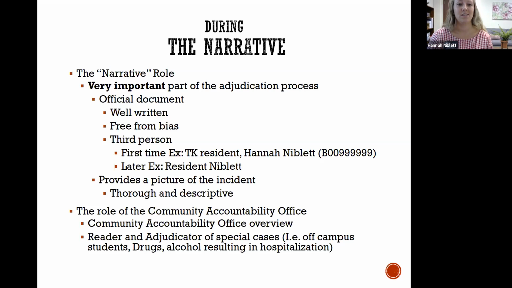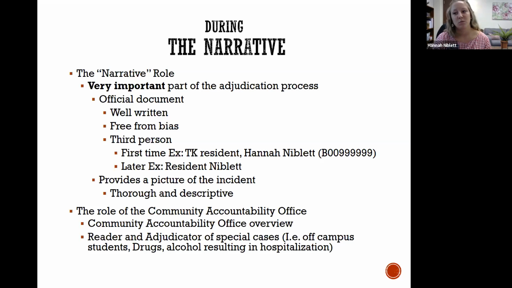Like I said, this is a very important part of the adjudication process. It is an official document, so once you've written it down and it is put through the Maxient system, we have that on record for a long time. This has before been given to courts if someone decides to sue or something like that, something major, which I would say doesn't happen often.